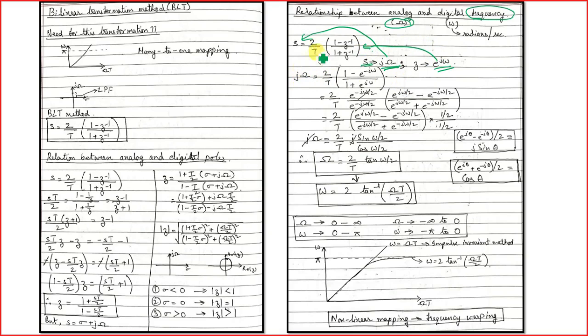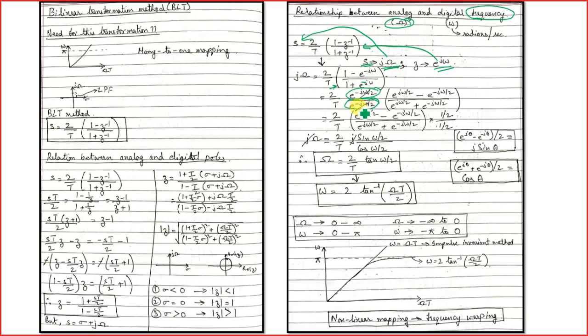So over here, after replacing, we get j omega equals 2 by T times (1 minus e to the power minus j omega) divided by (1 plus e to the power minus j omega). Okay, minus j omega. So from here, we will be taking out e to the power minus j omega by 2 as a common factor from the bracket, and we will get it out from both numerator and denominator.